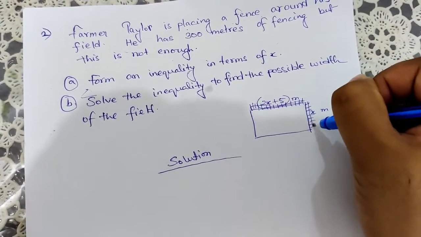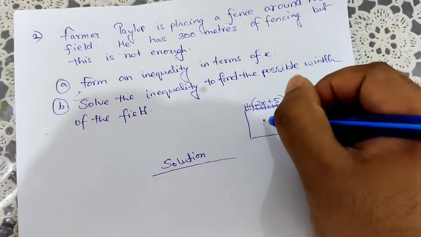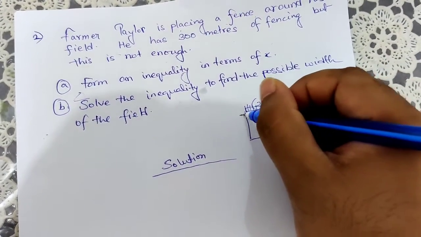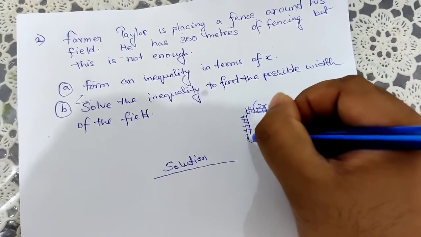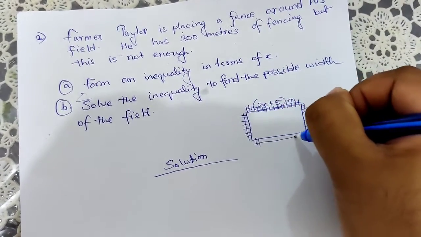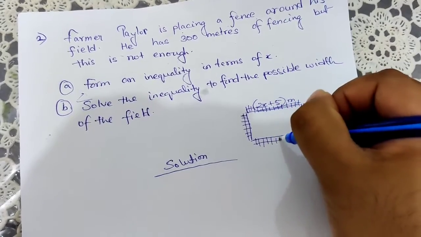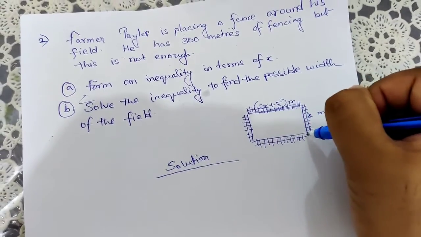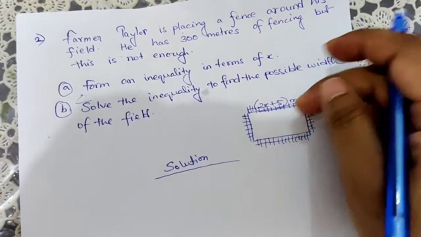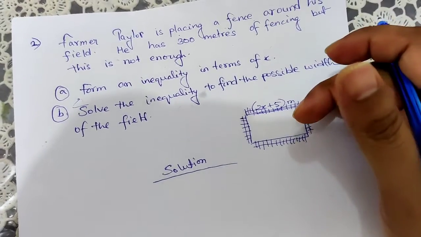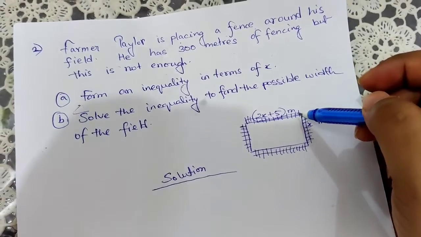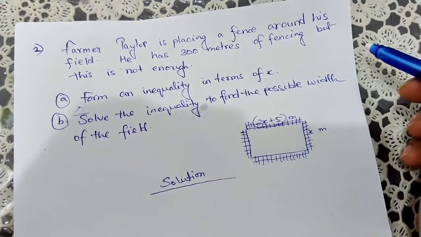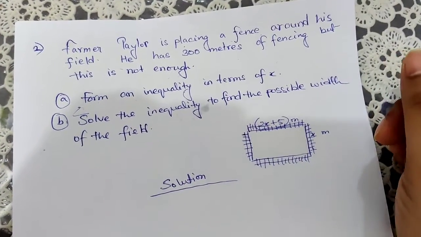We are not providing fencing inside the field, we are providing fencing around the field, like this. It is just a boundary around the field, right? That is what we call fencing.